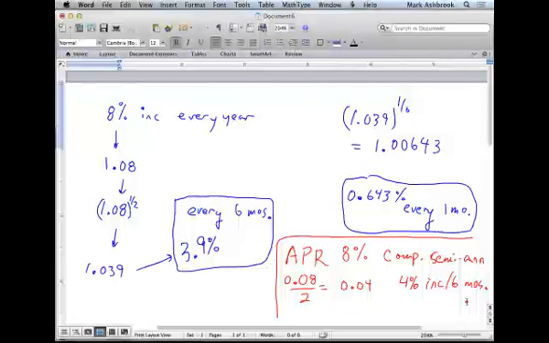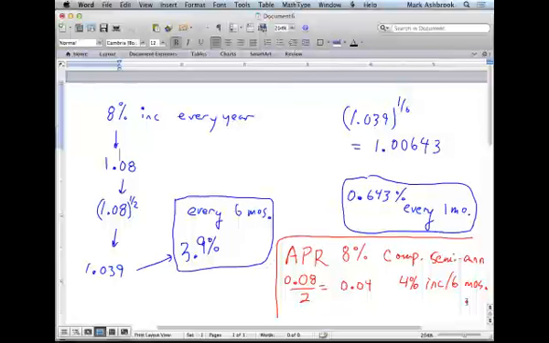So with an 8% APR compounded every 6 months, you start with the rate for 6 months, which is 8 divided by 2, 4%. Now from that, we can get what we're actually getting per year. How do we do that?